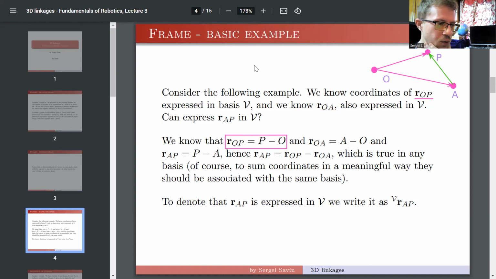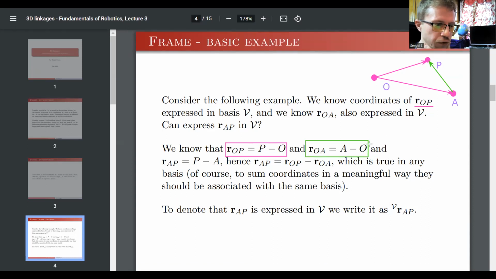So first of all, we have just definitions of those things, right?